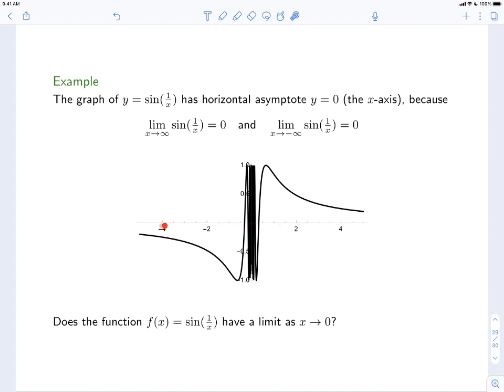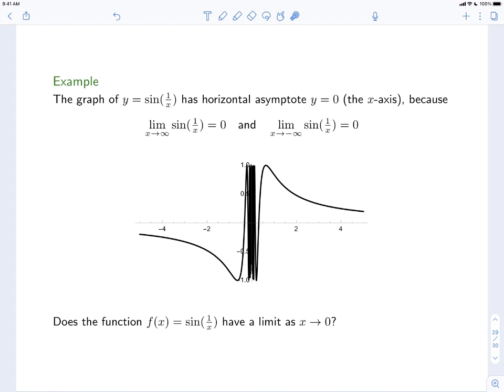Notice that the curve actually crosses the asymptote. It's fine that the graph crosses y equals 0. When you say that a function has a horizontal asymptote, what you mean is that its graph is getting close to the horizontal asymptote as x moves to the right or to the left. It just means that the graph is getting close to that asymptote.